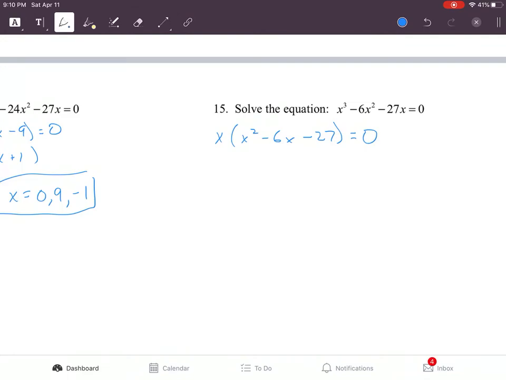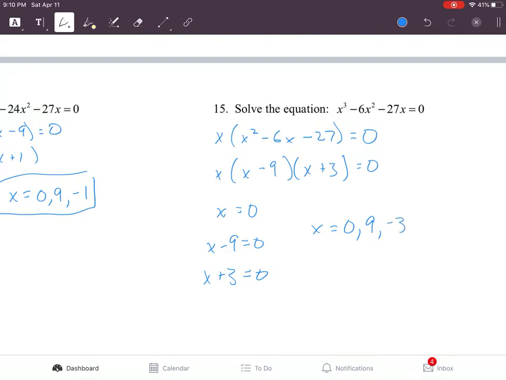Now with the quadratic inside the parentheses, two numbers that multiply to give you negative 27 and add to give you negative 6 is negative 9 and positive 3. And the x is still out in front. So now we take all three of our factors, x equals 0, x minus 9 equals 0, and x plus 3 equals 0, and solve them all for x. So x will equal 0, 9, and negative 3.